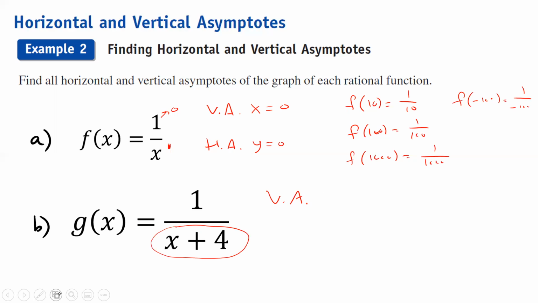We ask ourselves, when does this guy give me a 0? Negative 4. Exact same question that we do for domain, except there's going to be a tiny, slight twist to it. Horizontal asymptote. Owen, there you go, another one to pick on somebody here. Owen, horizontal asymptote for B.